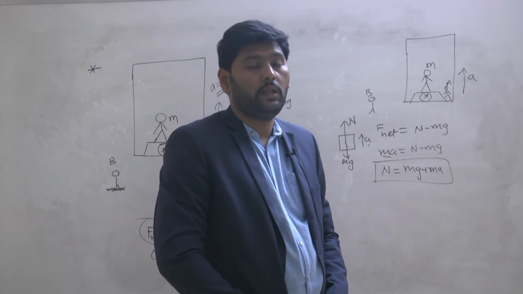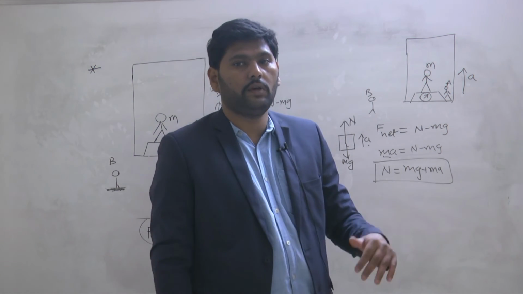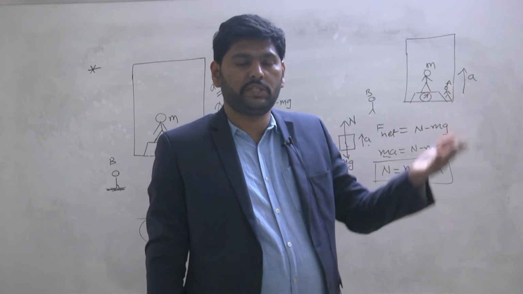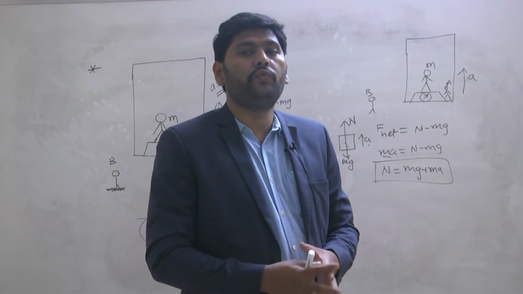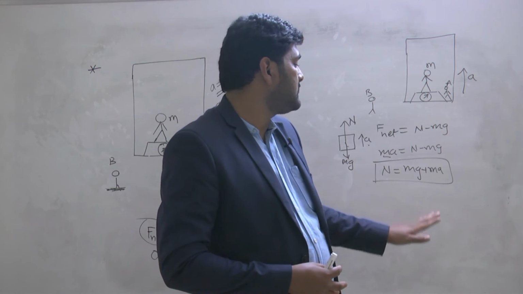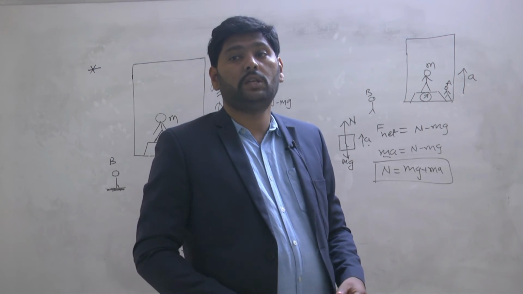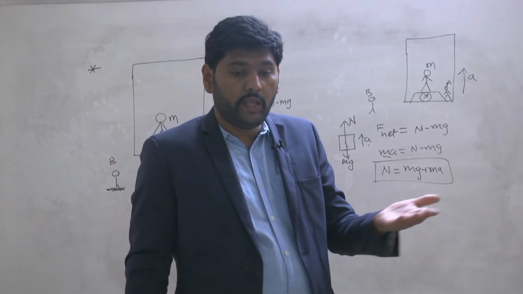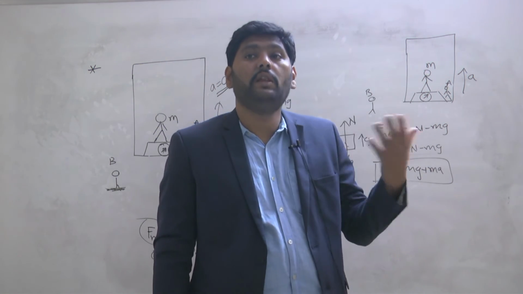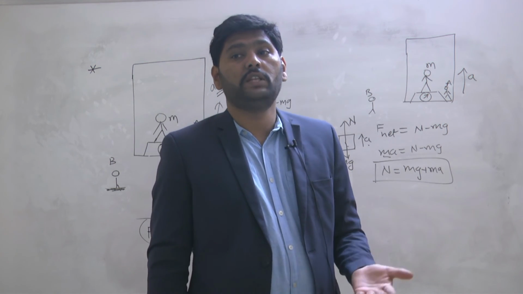That is the reason, anywhere when you are in a lift moving in the upward direction, we feel more weight. Why do you feel more weight? Because the normal reaction exerted by the weighing machine, or by the lift surface, will increase, so you feel more weight when the lift is moving upward.